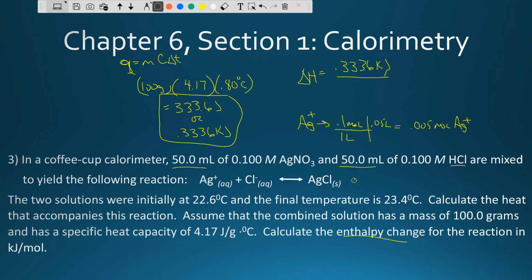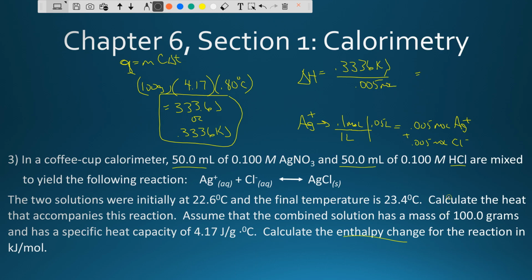And I see the same thing. I've got the same scenario now with my chloride, don't I? So I have 0.005 moles of my chloride. And so I end up using up all of that. So my number of moles being used is 0.005 for both.